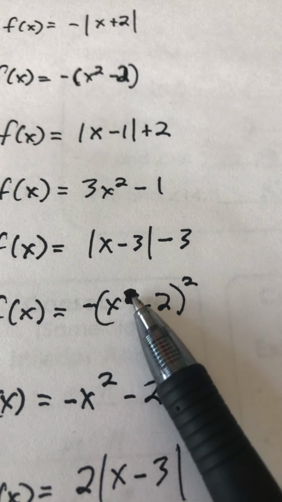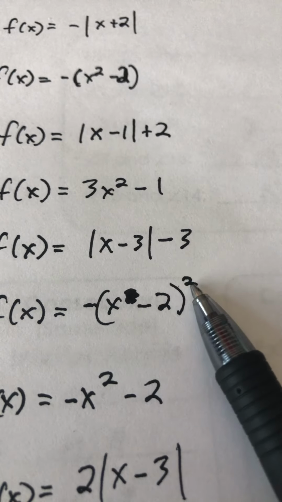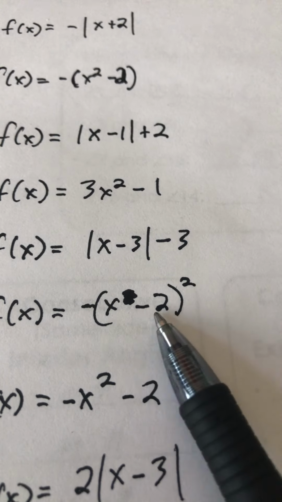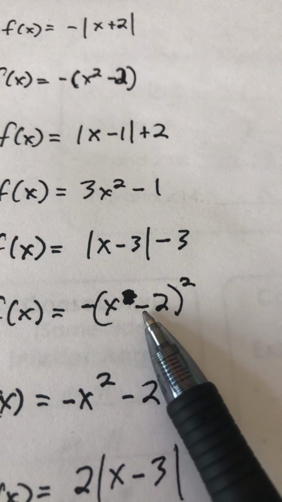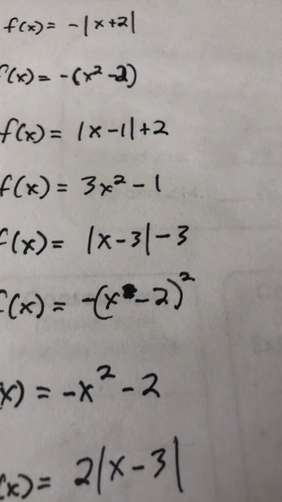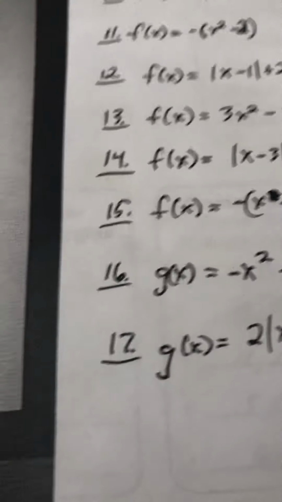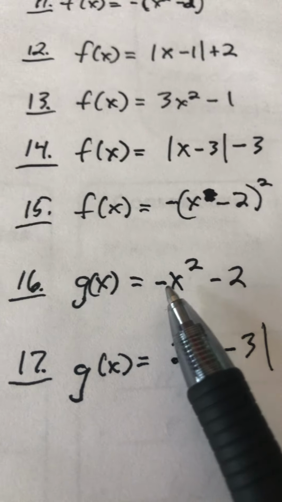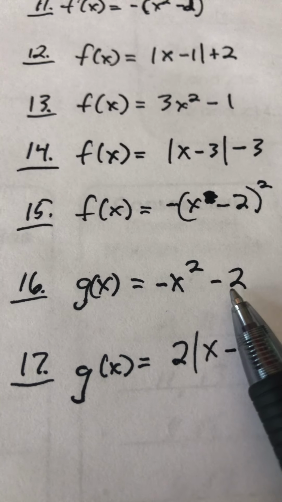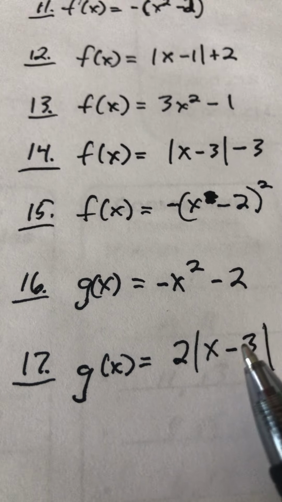I had my 2 here at first, and no, that doesn't do it. I have to bring my squared out here for it to work. And so this is right to left. So I moved right, so -2. And then 16, explaining the transformation that occurred. It was flipped, so it's negative x squared, and I went down 2, so -2.